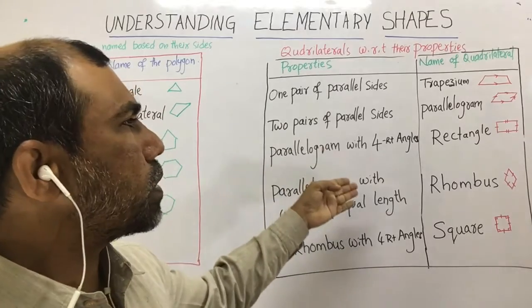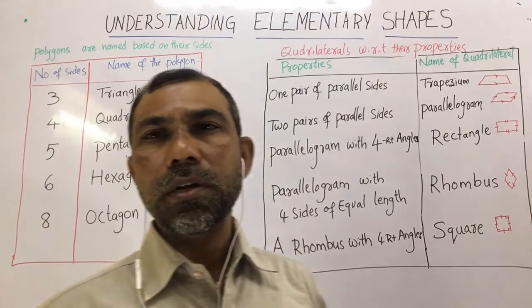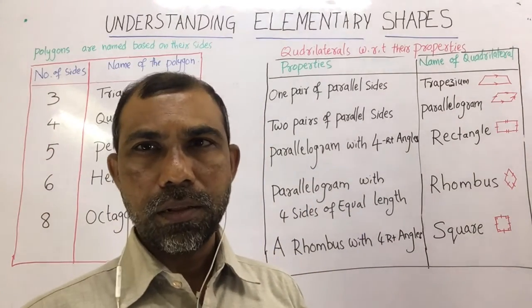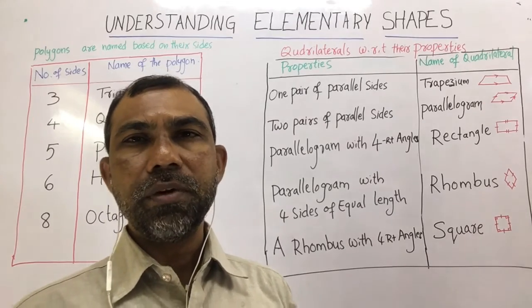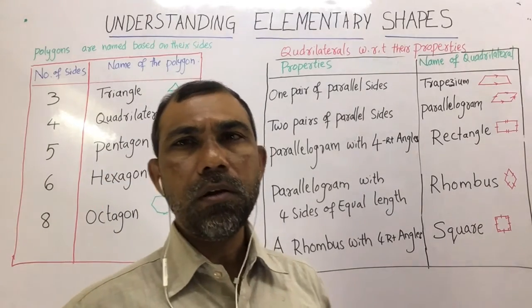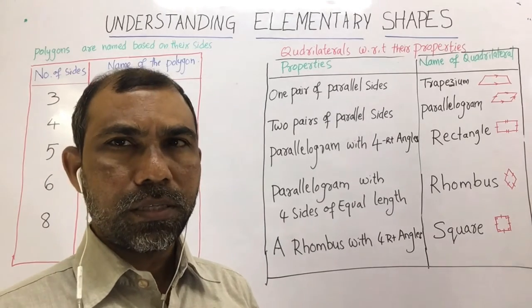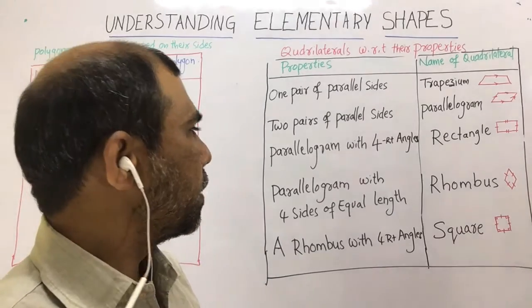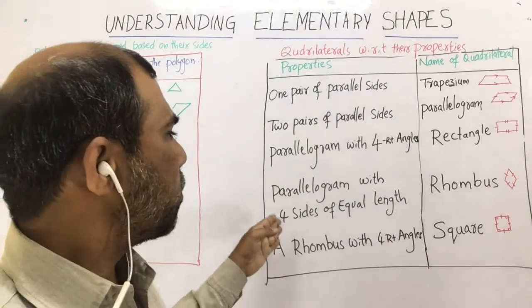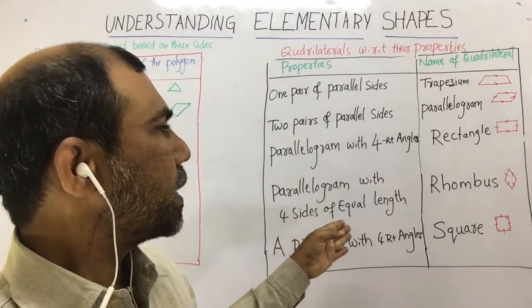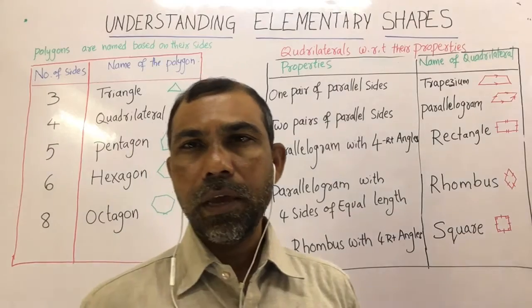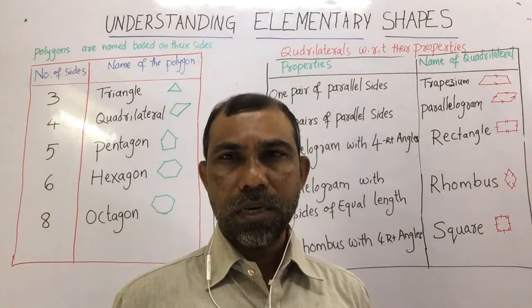A parallelogram with four right angles is nothing but a rectangle. So you can define a rectangle as a parallelogram with four right angles. And now a parallelogram with four sides of equal length will be called a rhombus.